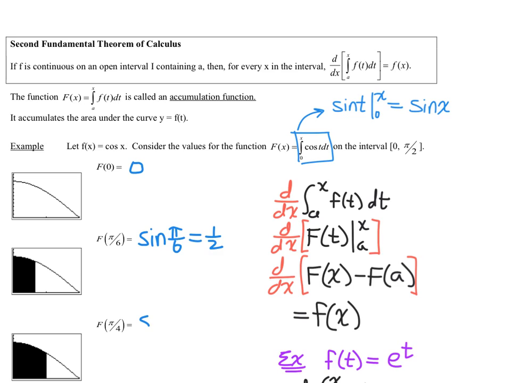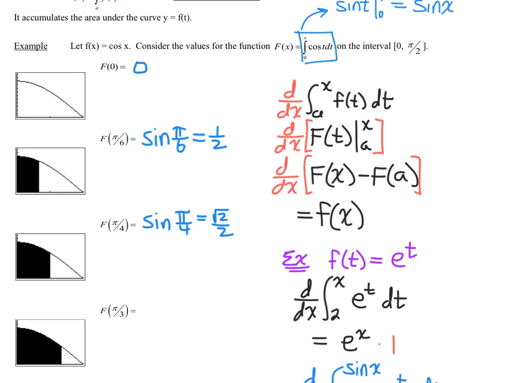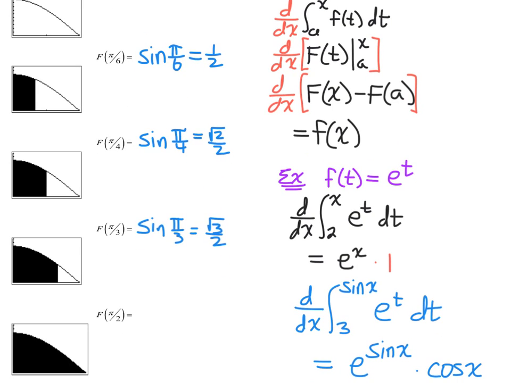Sine of pi over 4, root 2 over 2. Sine of pi over 3, root 3 over 2. And sine of pi over 2, which would be 1.